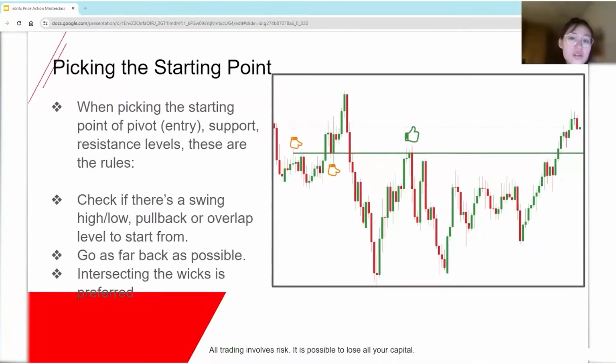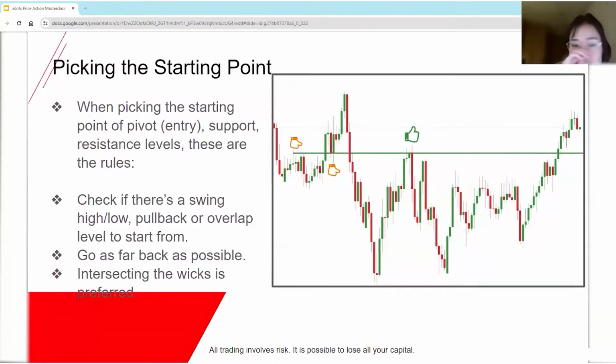Let's look at how to pick your starting point for your support and resistance and your entry exit levels. When picking the starting point of pivot, entry, support, resistance levels, there are a couple of rules. Firstly is to check if there's a swing high or low, pullback or overlap level to start from.